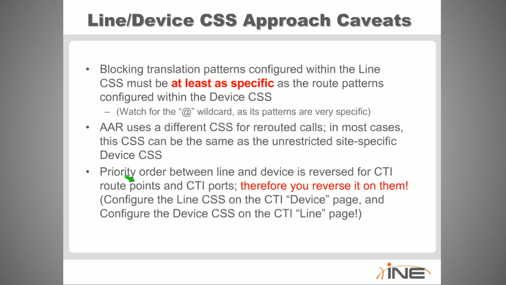After 3.1, line became first and then device. But for CTI, this is still backwards. It's never been changed. And because it was never changed, they are probably pretty hesitant to do it now, because as you upgrade, it could break a lot of existing large configurations.